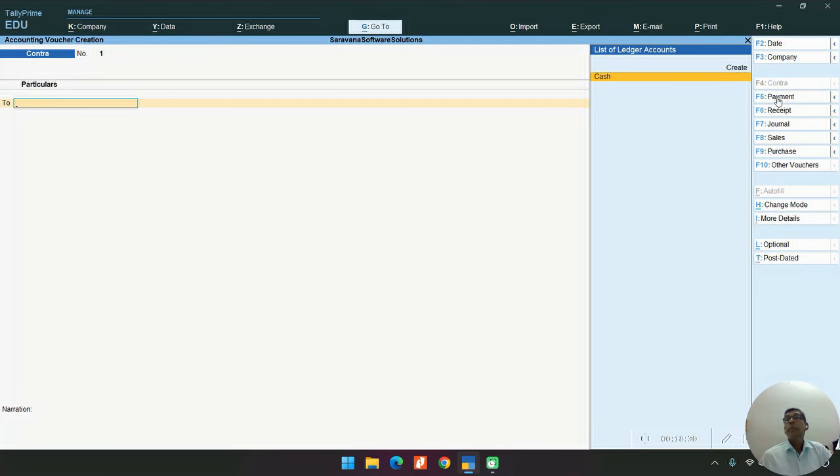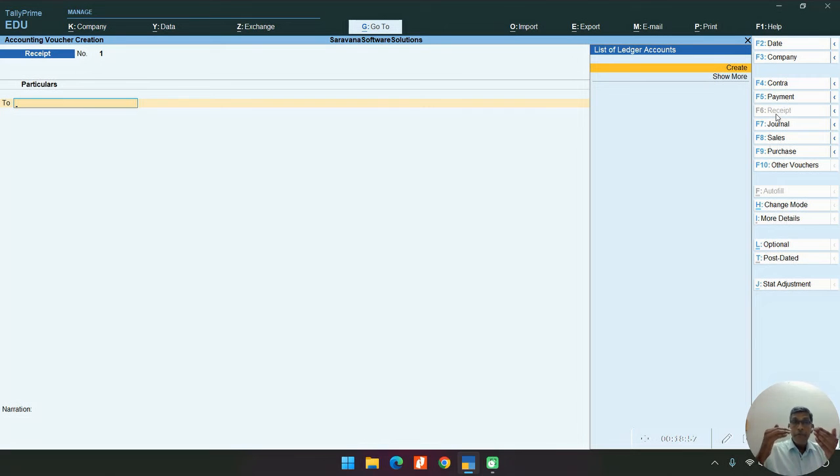The next, payment. Any payment which you made during your business period, those entries we are going to record under the payment voucher window. The next, receipt.